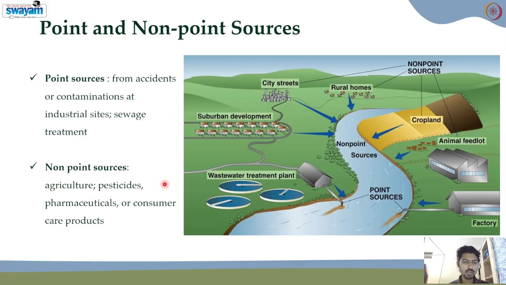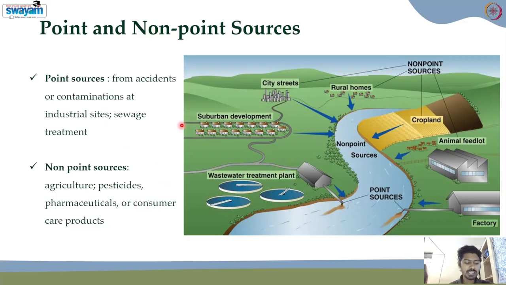So in short, to summarize, with a point source it is easier to identify the origin of the pollutant, whereas with a non-point source, the origin of the pollutant cannot be determined as easily. So it needs much effort to determine the origin.